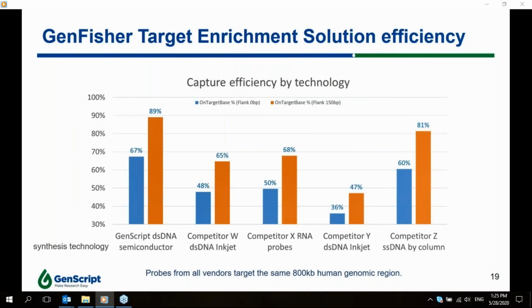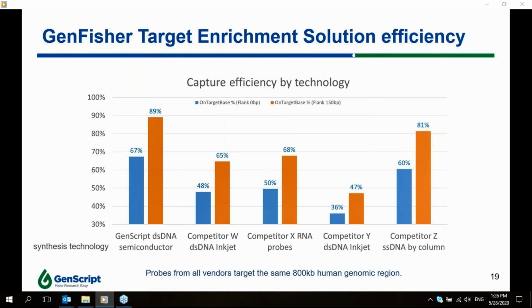Here I'm showing you how the GenFisher probe capture compared to hybrid capture pools made with other providers and technologies. The panel from each provider targets the exact same 800 kb region in the human genome, and the experiment was performed based on the recommendations provided by each provider. The x-axis shows the various providers and their capture probe synthesis technology, and the y-axis shows the capture efficiency measured by on-target base percentage.